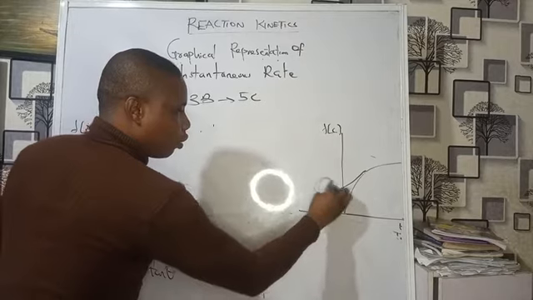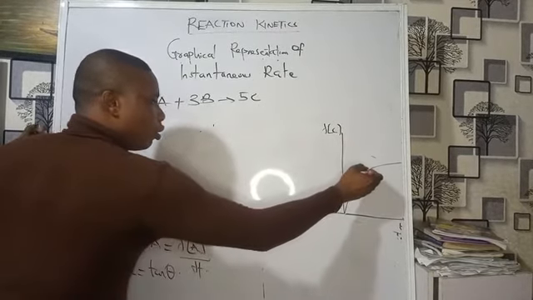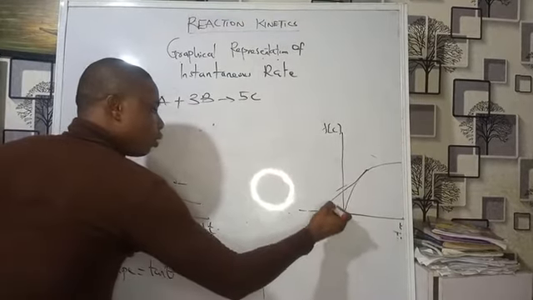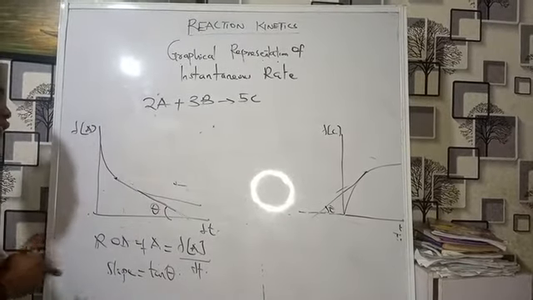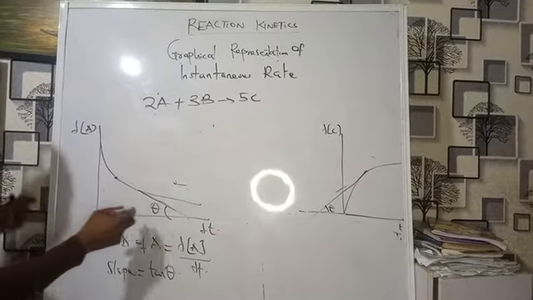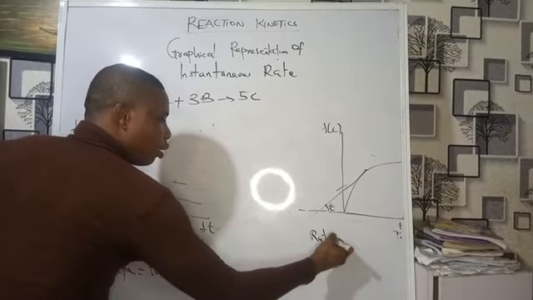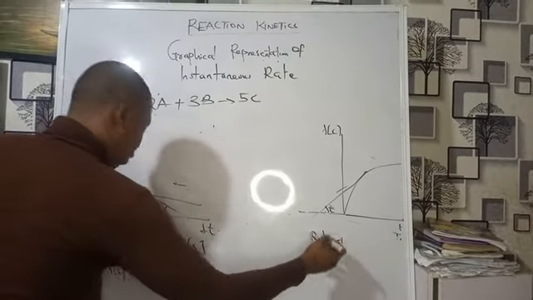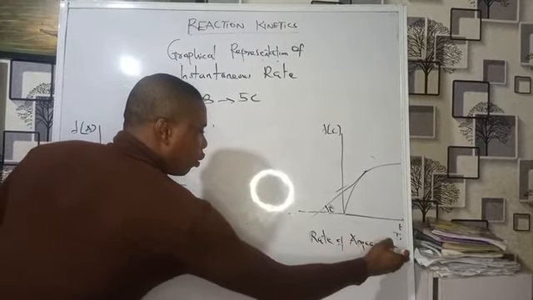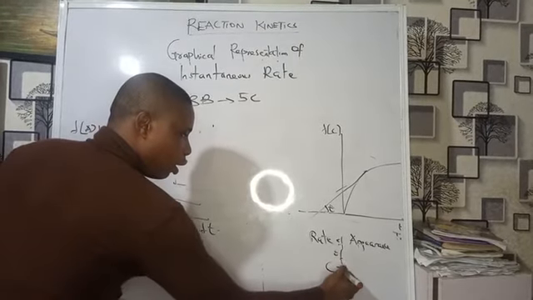Sorry. Don't mind me, I'm very terrible at drawing. So, now, this is your theta here. I want you to see the difference. That's why I'm drawing this in both graphs. This is A, this is C. Now, the angle here is theta. Here too, the rate of appearance of C is also what?